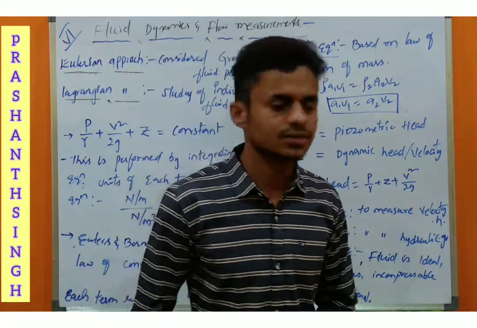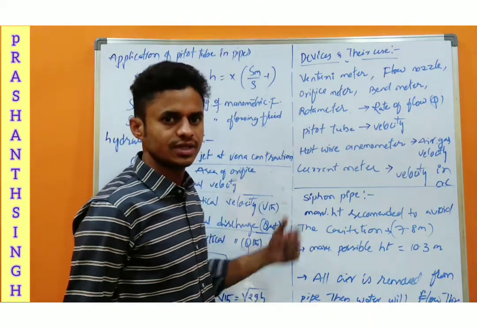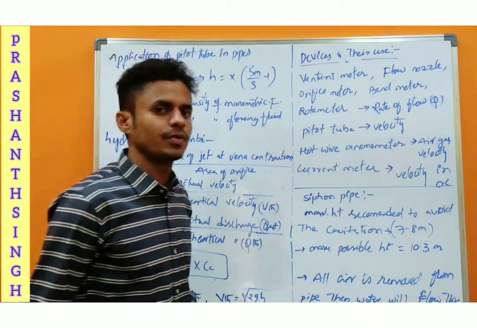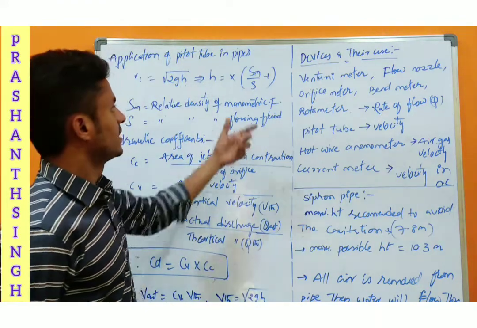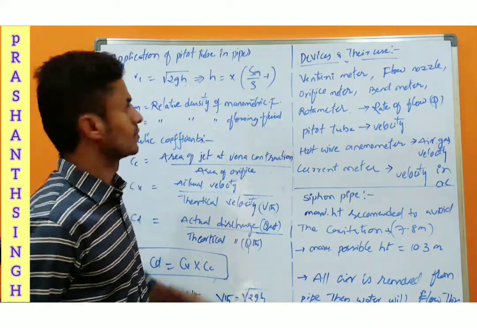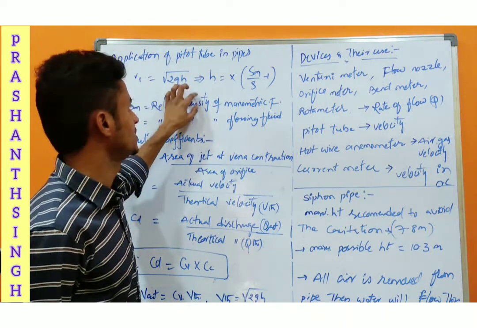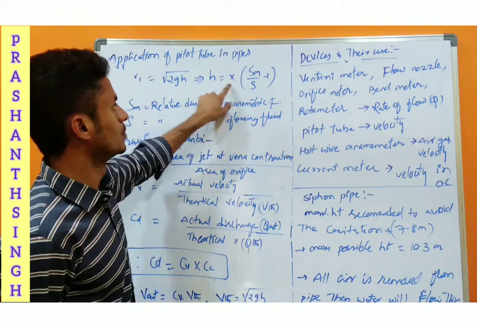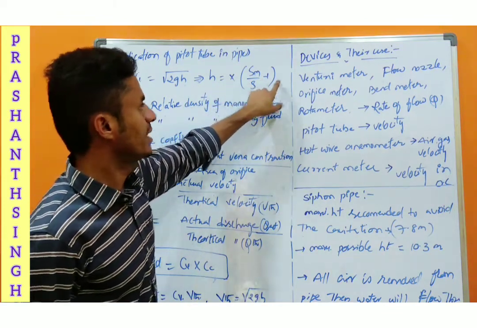Next one is the application of the pitot tube in pipes. We have discussed the pitot tube, its use and its application. We will get a direct question from this formula: V equal to the square root of 2gH. In that, H equals x into (Sm by S minus 1).